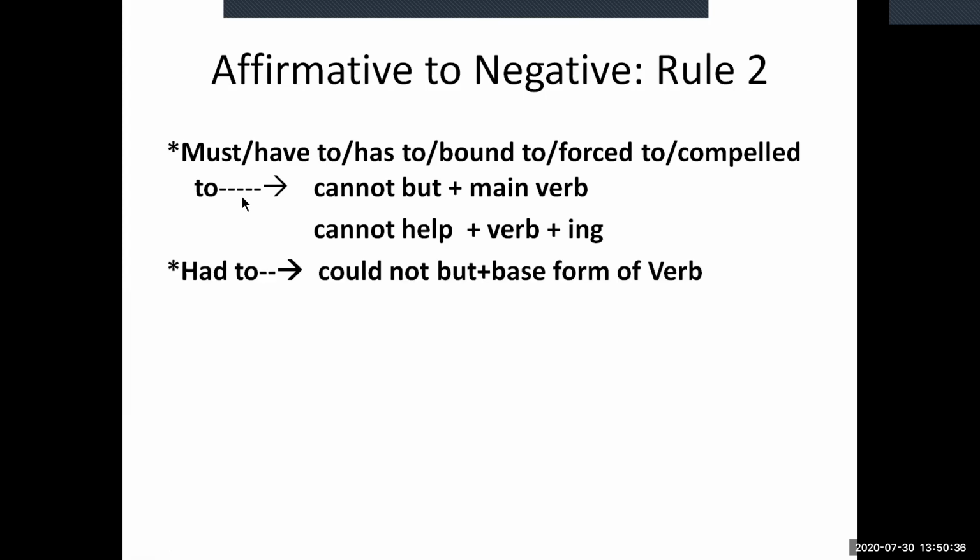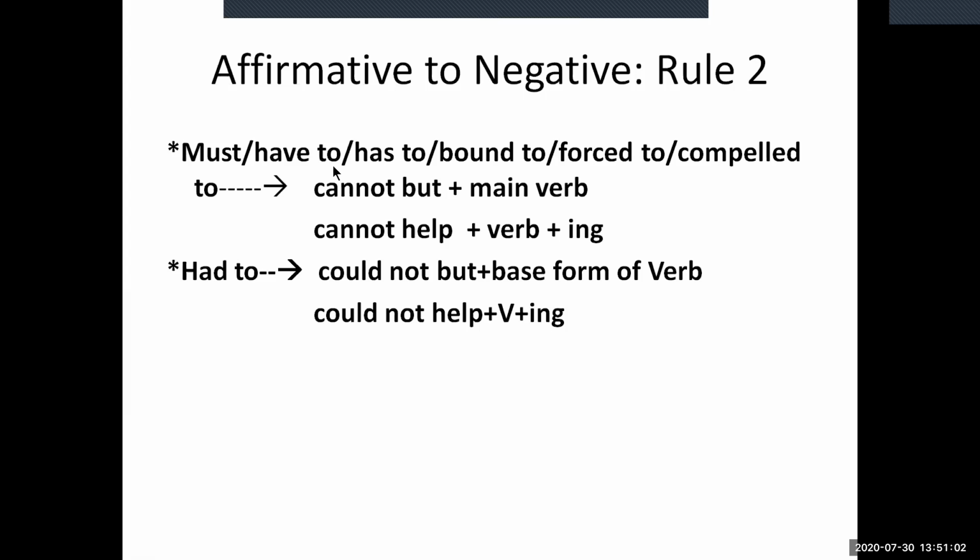We know that the past tense of the word must is had to, and if had to is used in a sentence, we can make the sentence negative by using the past tense of cannot but, which is could not but plus base form of verb. Or we can alternatively use the past tense of cannot help plus verb plus ing, and this past tense of cannot help will be could not help plus verb plus ing.